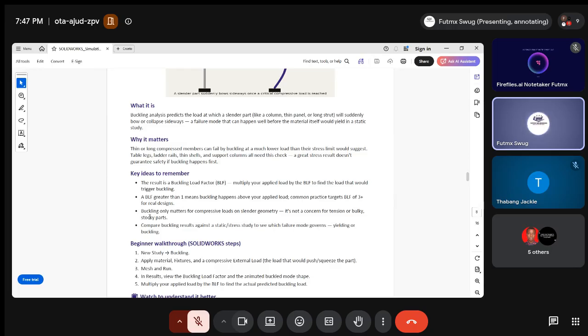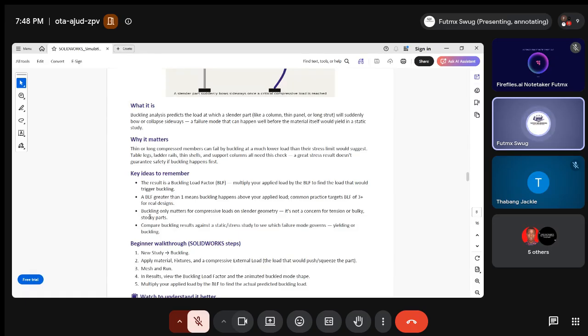When it is less than 1, buckling will occur under the applied load. Buckling only matters for compressive load on slender geometry.